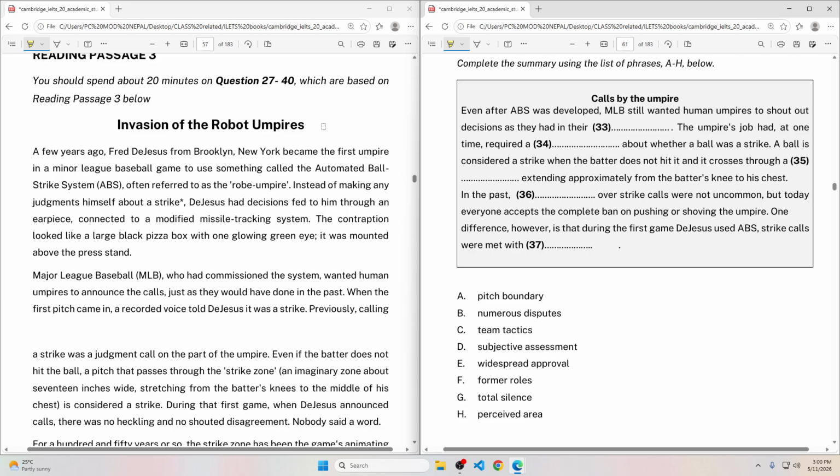Invasion of robot umpires. We have MLB, ABS. This is question number 33 to 37. Since it is in the first paragraph, I'm not quite sure if it is the right place.